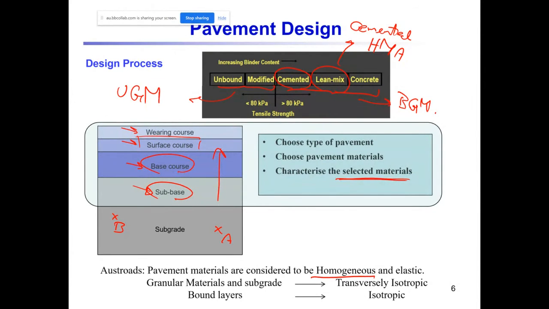Also, we are assuming elastic behavior for the material. Sometimes this is a big assumption, because we will have some permanent deformation in the system. But when we want to study, we are assuming elastic behavior, the recoverable deformation.